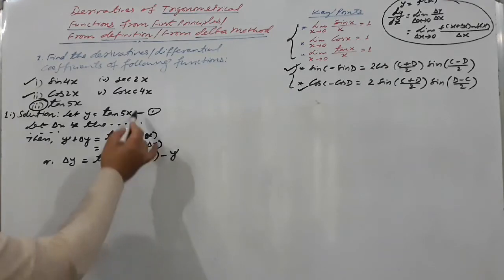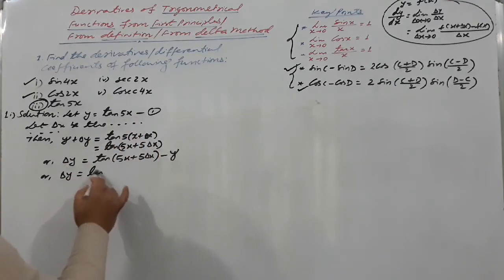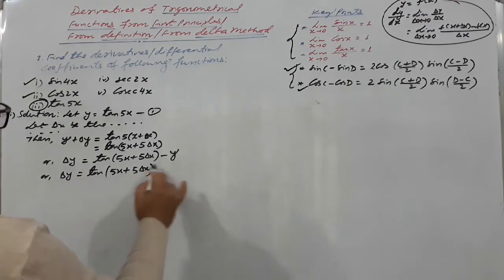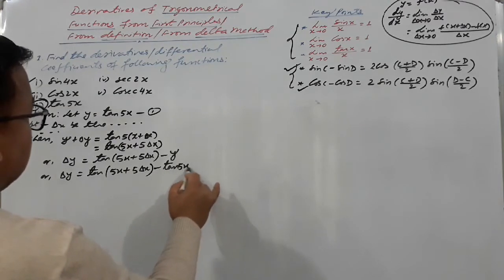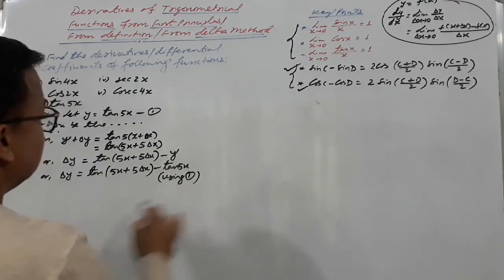So let's put the value of y from first: delta y is equal to tan of 5x plus 5 delta x minus tan of 5x.